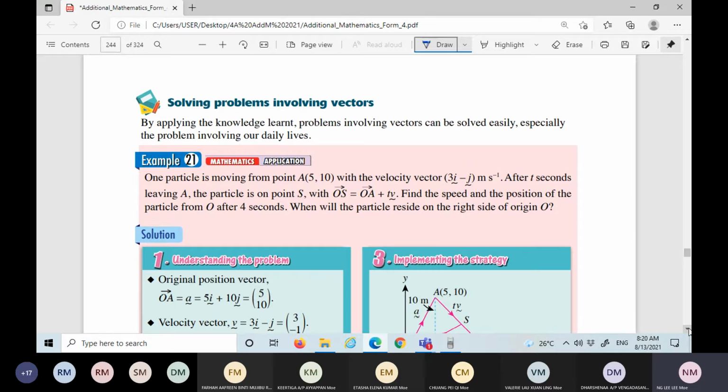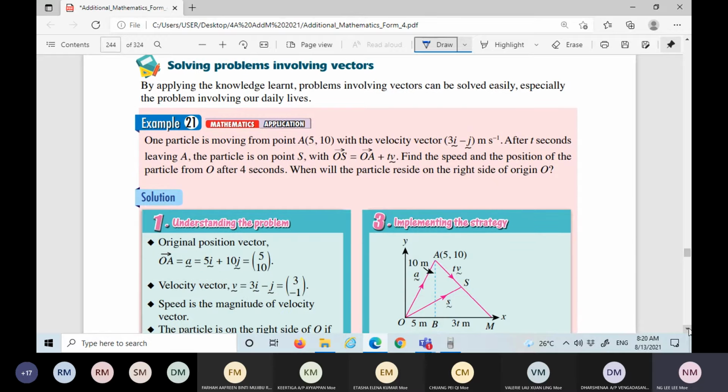Okay, solve problem. We go to this example 21. Go through the question a while.